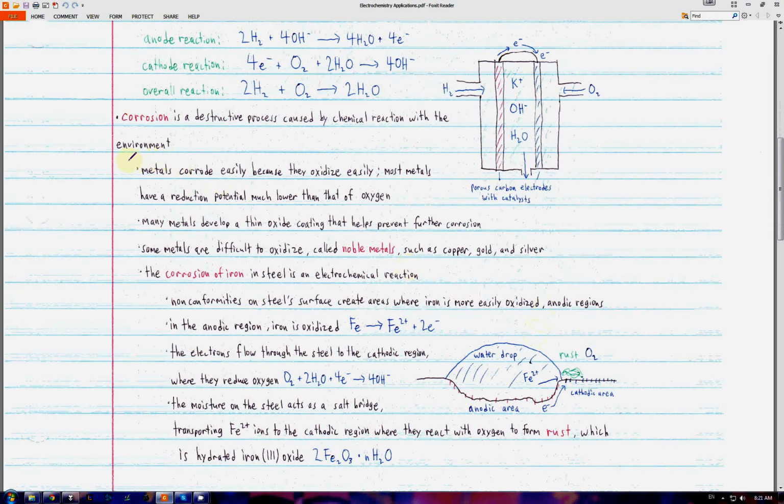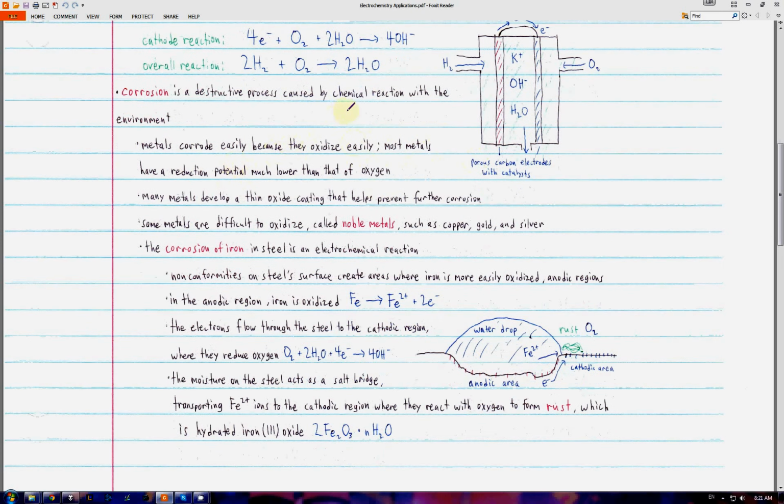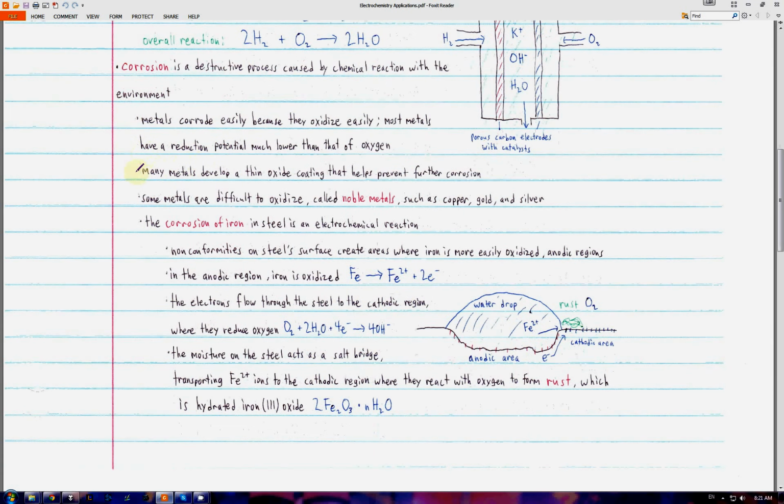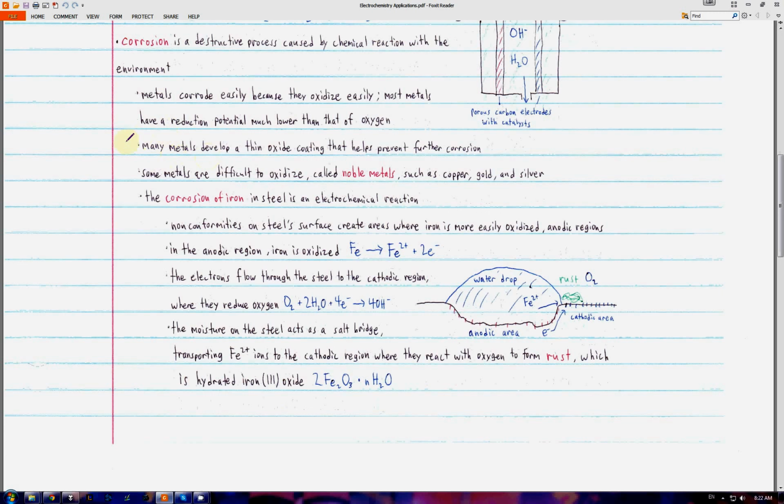So corrosion is a process in which basically materials decay because of a chemical reaction with the environment. So when we talk about metals corroding, we're really talking about the oxidation of metals. Now, the reason that metals corrode so easily is because they are easily oxidized.